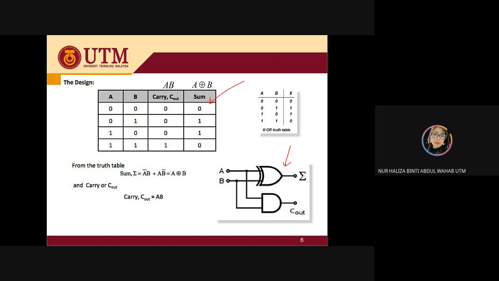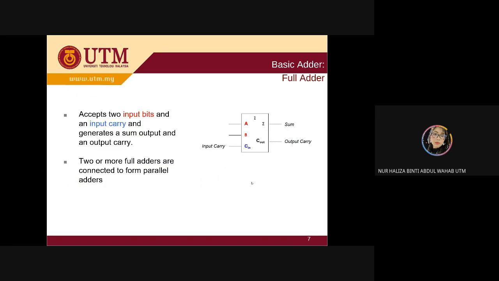After you remember that, you can move to your full adder here. You need to memorize the block, how the block looks like. There are three inputs there, including the input carry, and then there are two outputs, which are sum and carry, output carry.